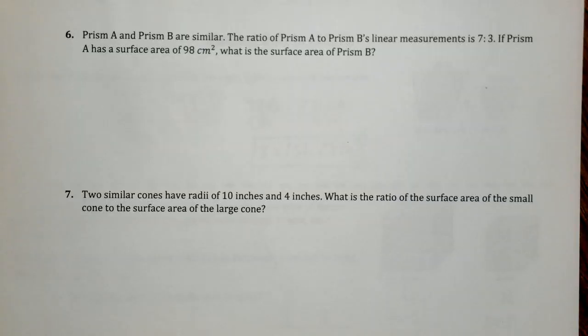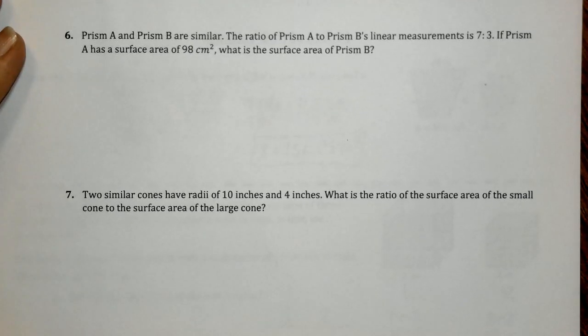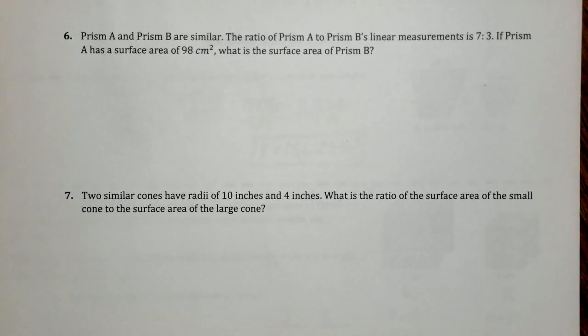When we start looking at mixed practice of the different similar solids, I cannot stress enough how much you need to pay attention to whether they're talking about surface area or volume, because don't just assume. We need to make sure we identify that so we know whether we're squaring or cubing our measurements. So here we've got prisms A and B are similar.